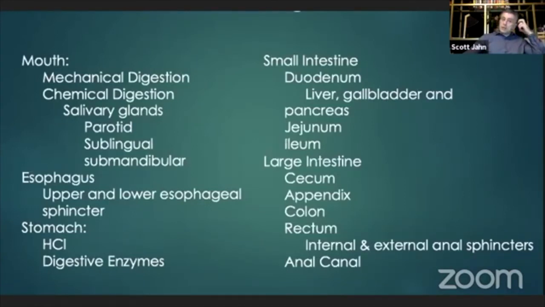Then we get to the small intestine, and there we're going to add the liver, gallbladder, and pancreas. After the small intestine goes to the large intestine, where foods have generally been digested by this time, and the large intestine is going to help absorb B12 and vitamin K, and then it's going to be pushed out through the rectum.